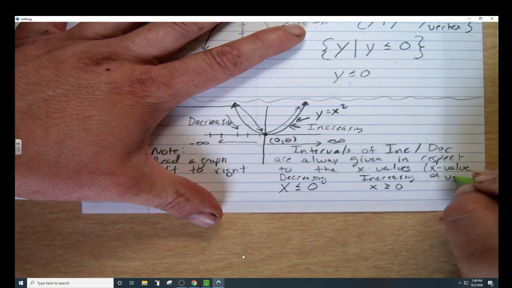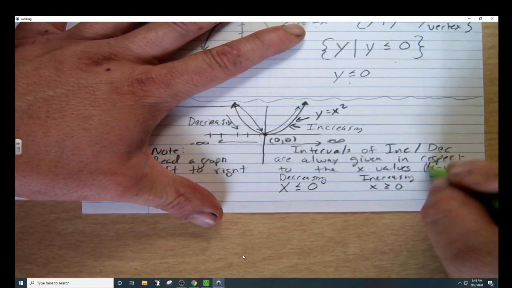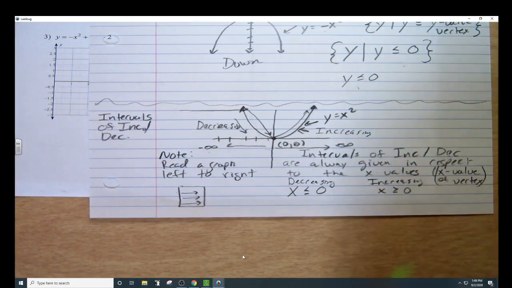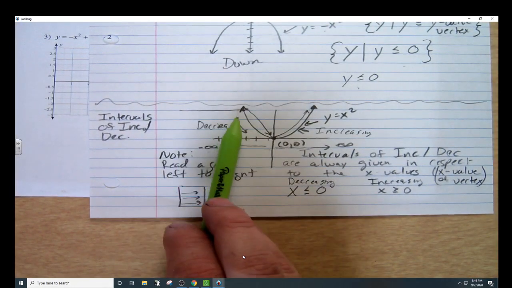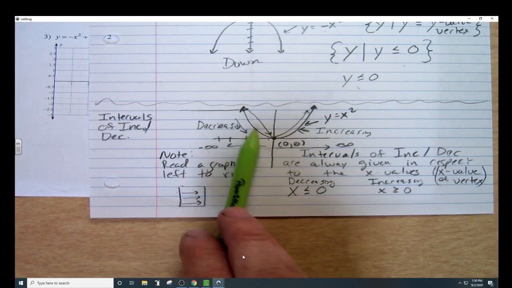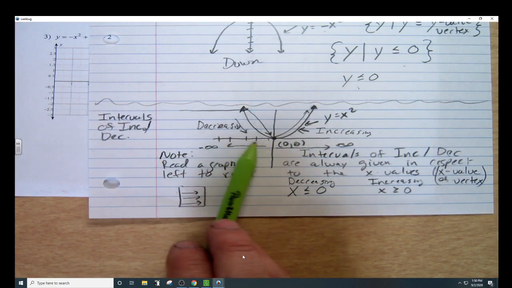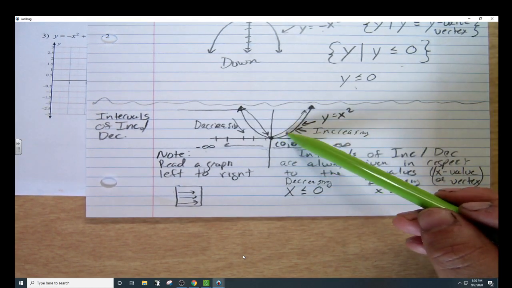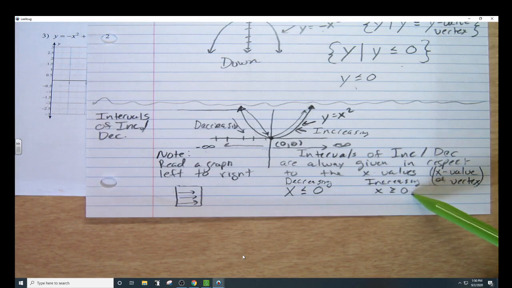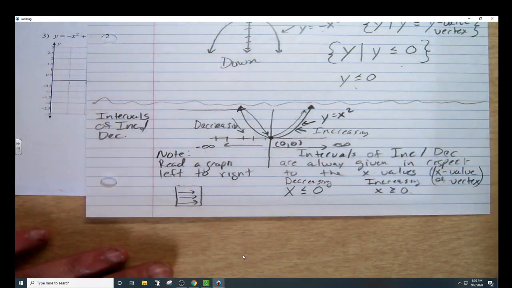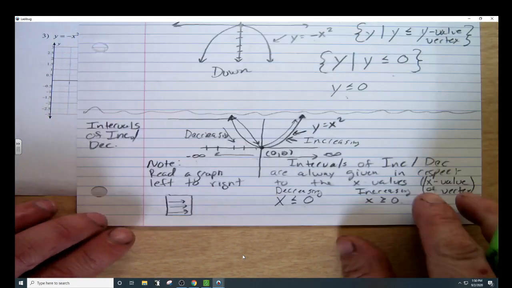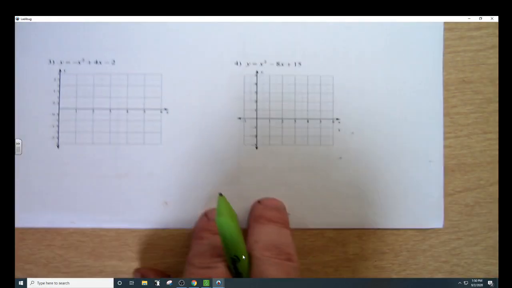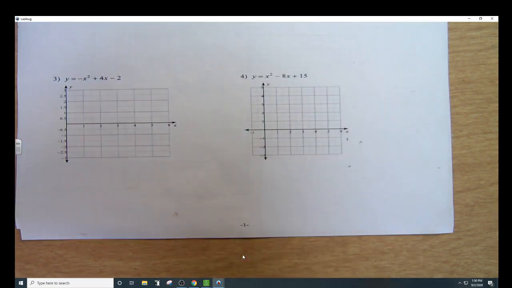The x value of the vertex is always going to be in your answer. Always. So we decreased on this side of the y-axis, where the x value is less than 0. Then we started increasing when x values were greater than or equal to 0. Okay, so that's your intervals of increase, decrease. All right. In behavior, guys, we'll do it.